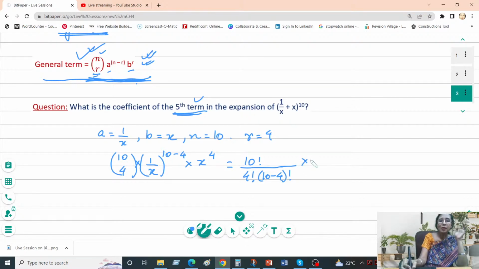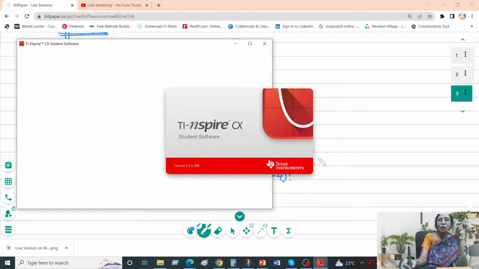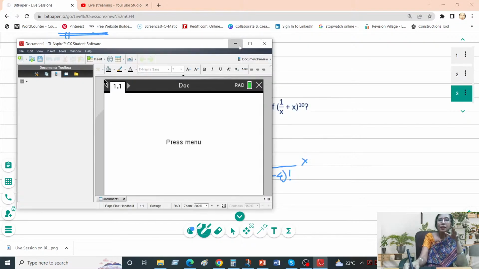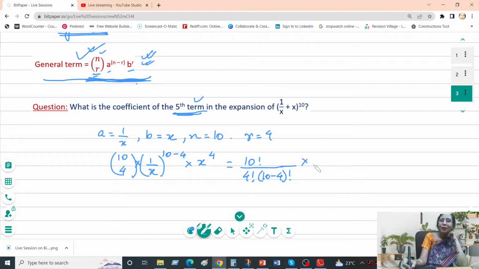And this is 1 over x to the power of 10 minus 4, which is 6. So it will be 1 over x to the power of 6. And this is x to the power of 4.